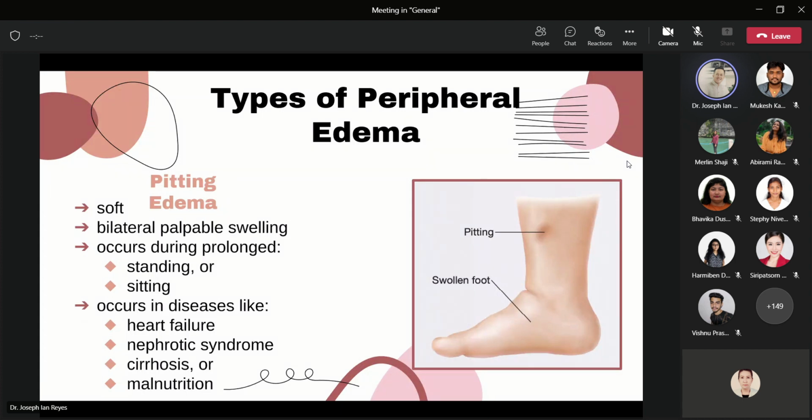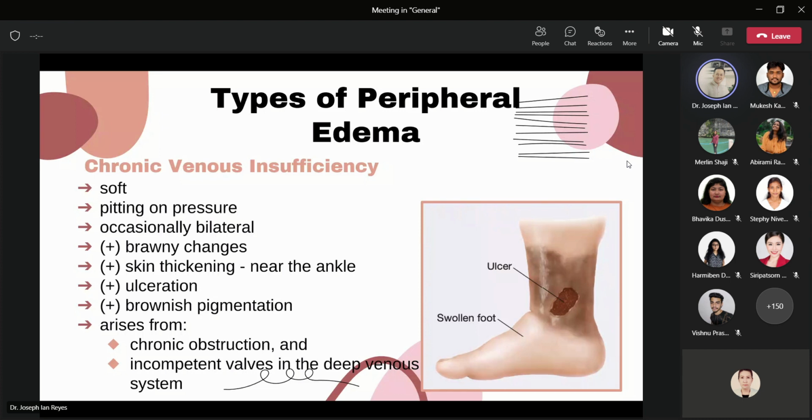Your legs will not be contracting, your muscles are not helping circulation. So it occurs in diseases like heart failure, nephrotic syndrome, cirrhosis, or malnutrition. In heart failure, circulation is bad already. In nephrotic syndrome, the kidneys, circulation also is bad. Cirrhosis, malnutrition, you'll have less albumin, less other factors to help in resorption and circulation also.